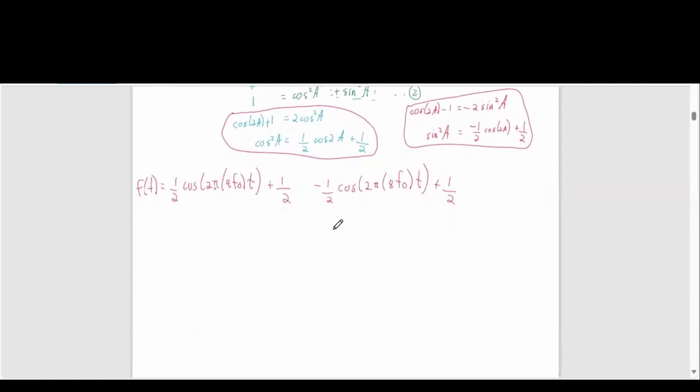So now isn't our form that better? So let's simplify it. So the half and the half will give you 1. So end up with a half plus a 2 pi 4 f naught t minus a half plus a 2 pi 8 f naught t. Alright, so that's accounted for, this is accounted for, and the half will give you 1.